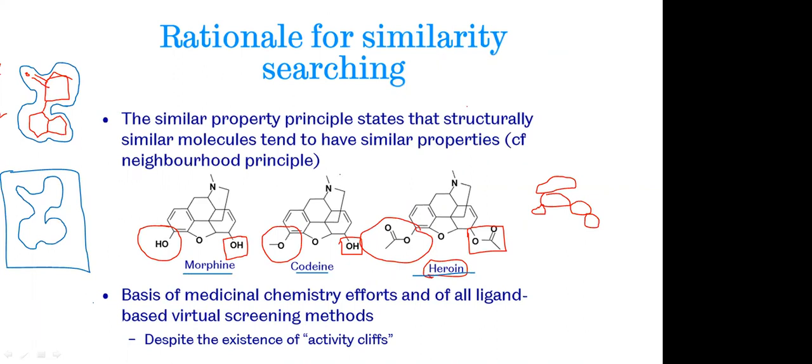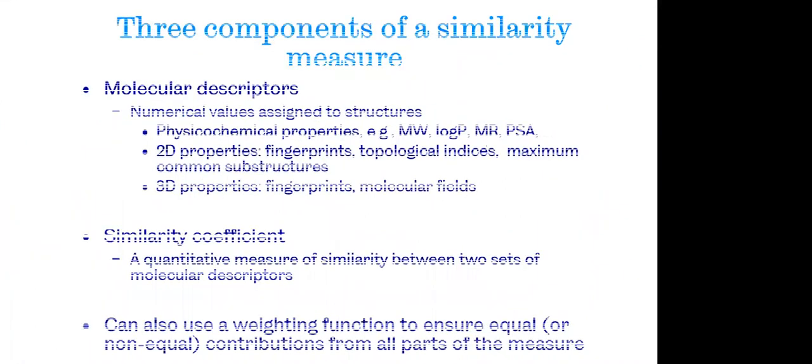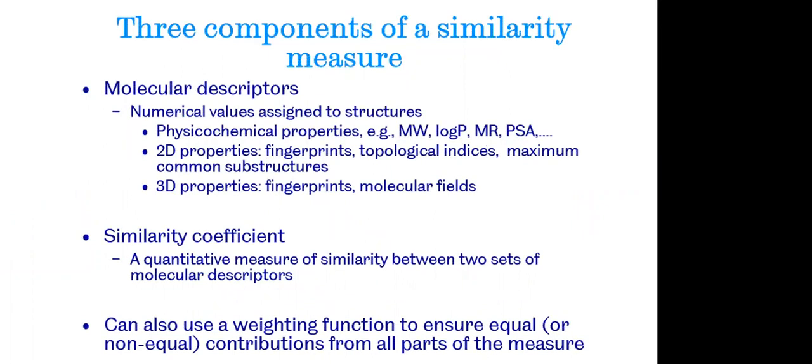So for searching similar compounds, we should concentrate on other properties, the molecular descriptors, like physicochemical properties, for example molecular weight, logP values and pKa values, and 2D fingerprints and topological indexes, and 3D fingerprinting and molecular fields.